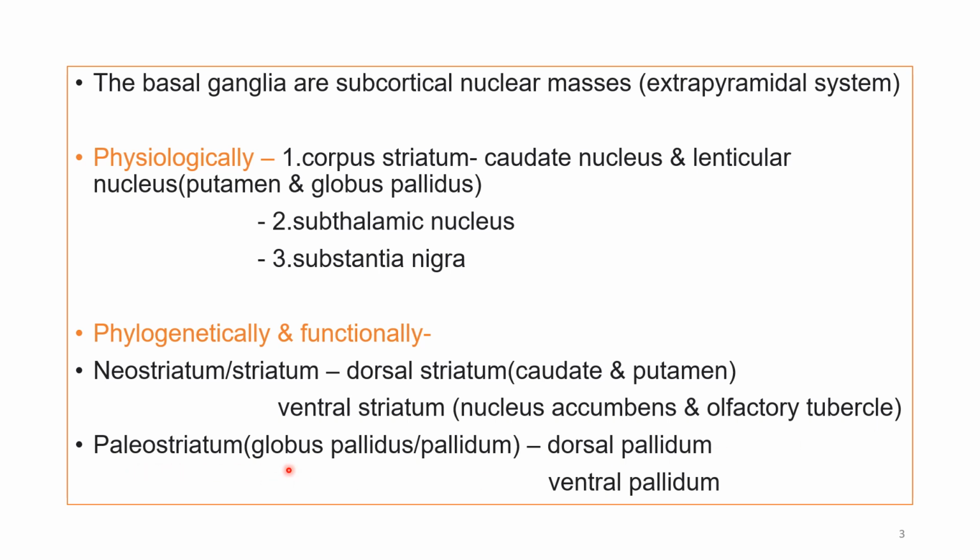Then coming to paleostriatum or pallidum or globus pallidus, it is further divided into dorsal and ventral pallidum. So the physiological classification and the phylogenetic and functional classification are given here. Physiologically into three parts, phylogenetically and functionally into two parts, neostriatum and paleostriatum.